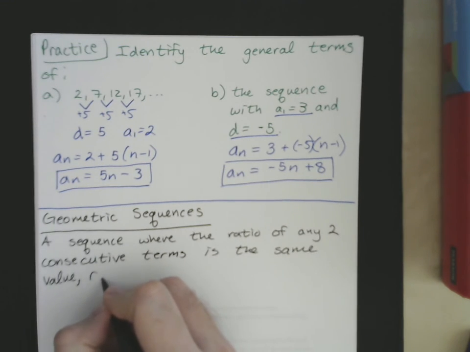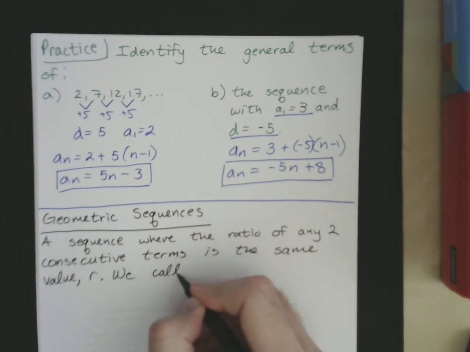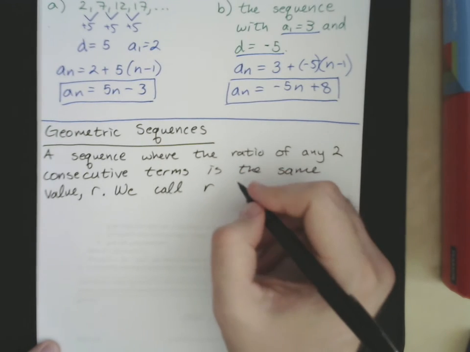And we call that value r. And we call r the common ratio.